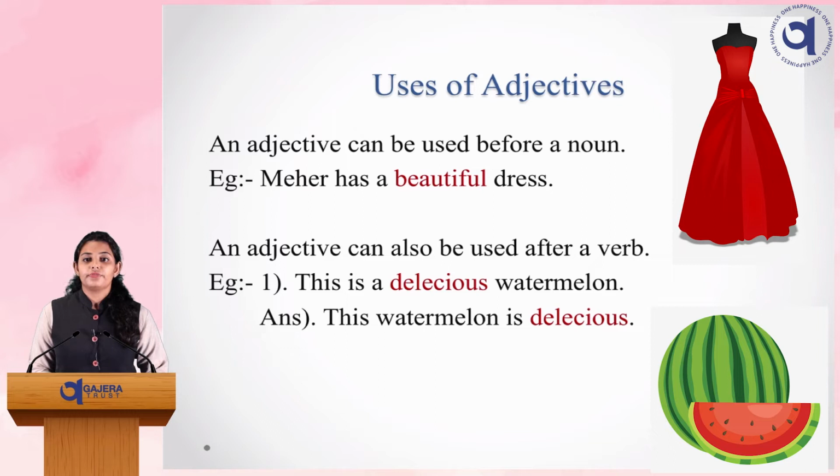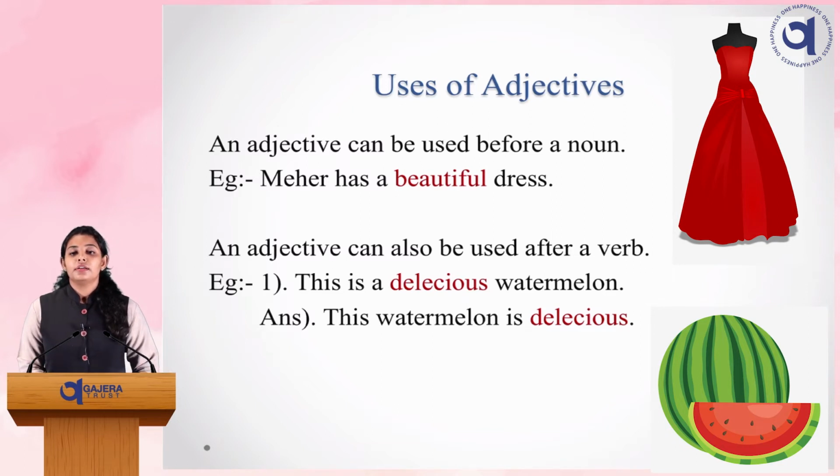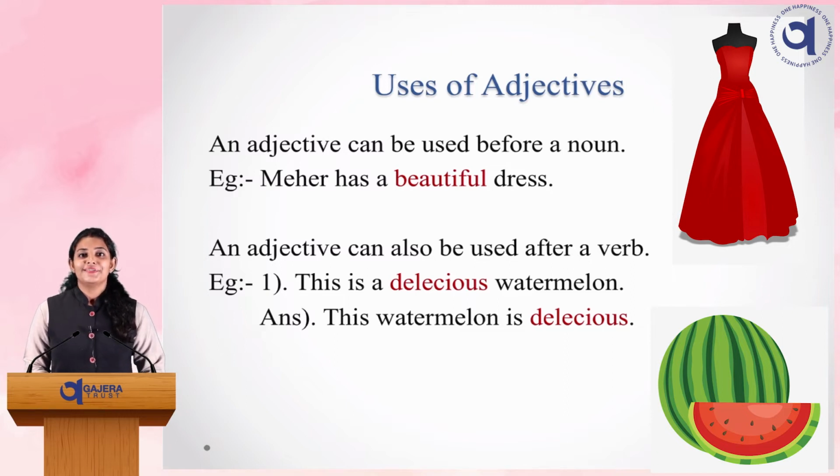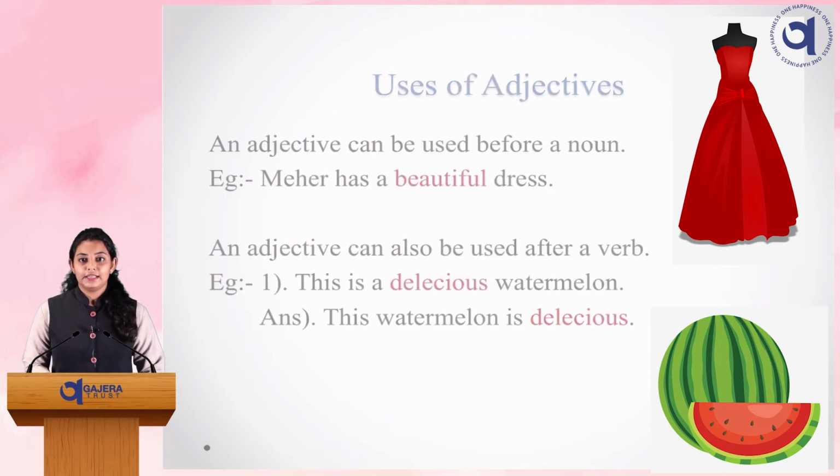Here the verb is "is", the helping verb, and delicious is a describing word, or you can also say it is an adjective, right? So here after "is" we have used the word delicious. So it is also said that an adjective can be used after a verb, right? Let's see the next one.